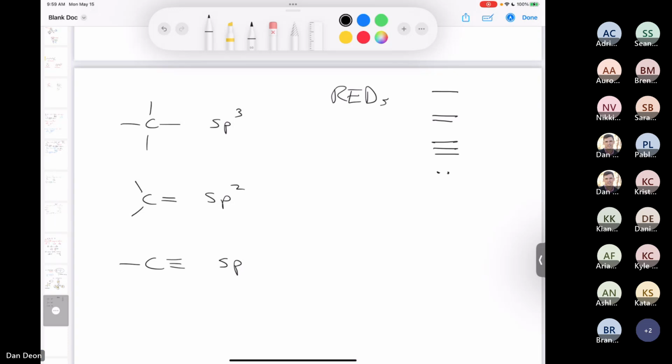So if we have 4 regions of electron density, we have sp3 hybridization. So 4 REDs. If we have 3 regions of electron density, it's sp2 hybridization. And if we have 2 regions of electron density, or 2 REDs, then we have sp hybridization.